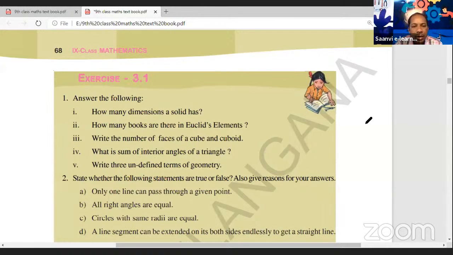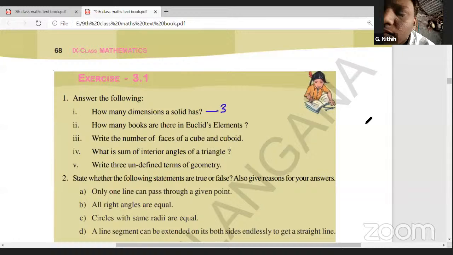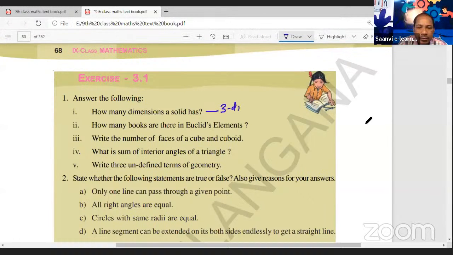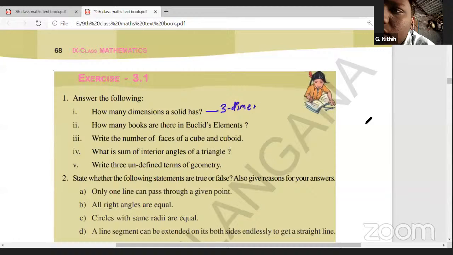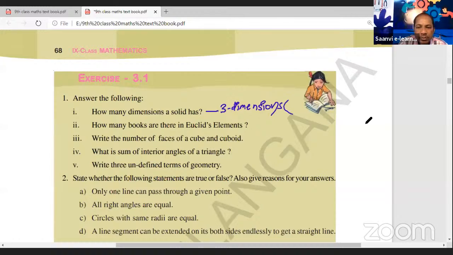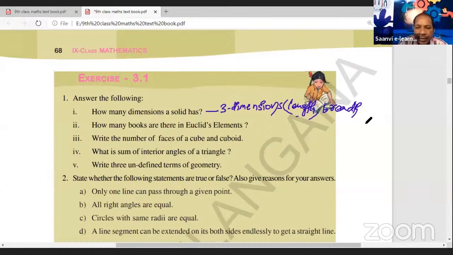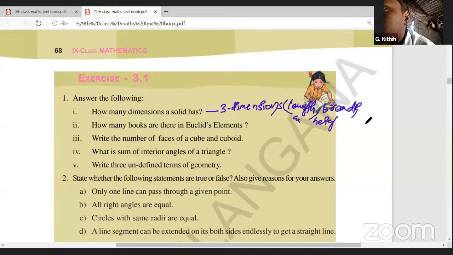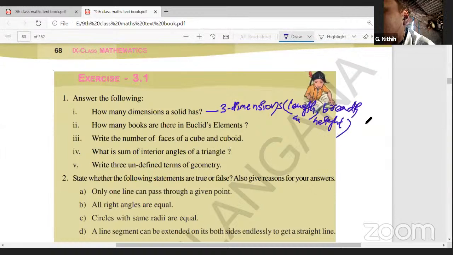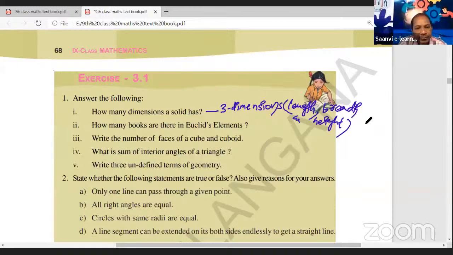So how many dimensions does a solid have? 3 dimensions. What are they? They are length, breadth, and height. Okay. Length, breadth, and height.